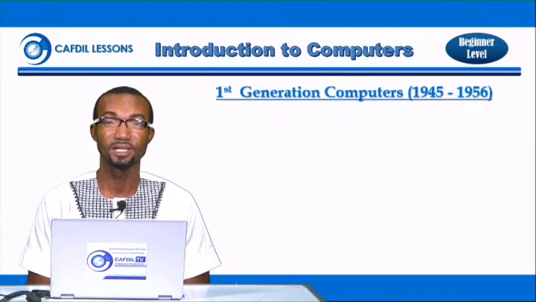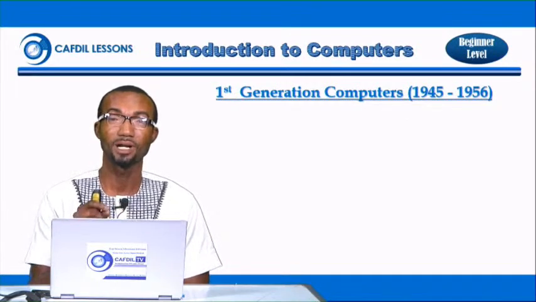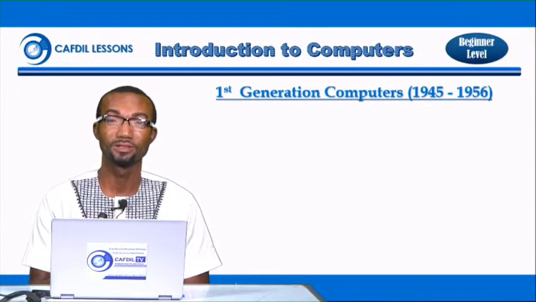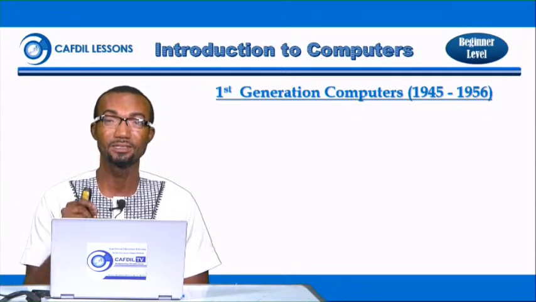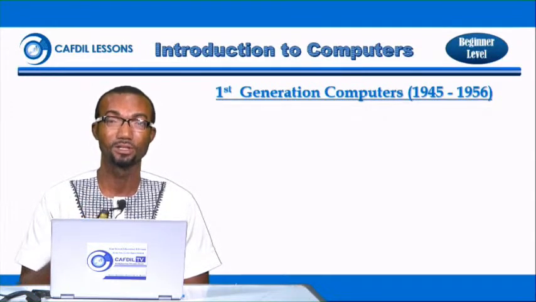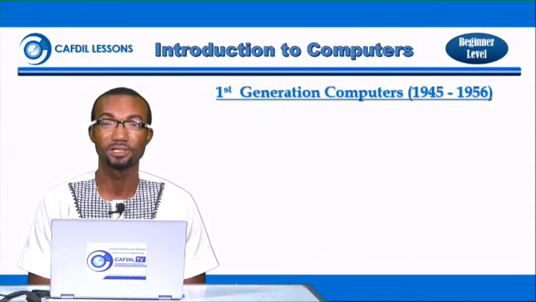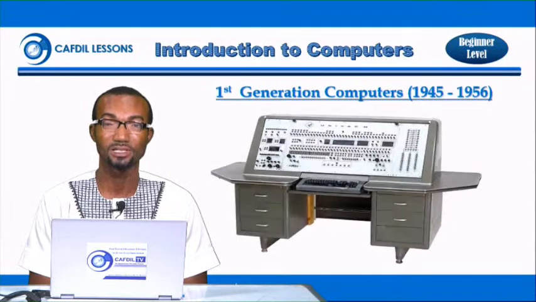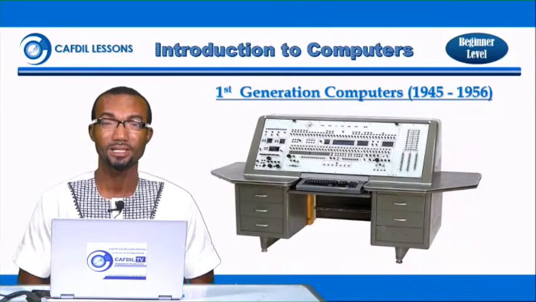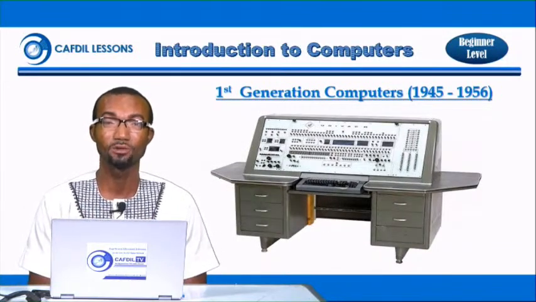Now, the first generation computers came around 1945 and lasted till 1956. That was the period first generation computers were used, from 1945 to 1956. On your screen, this is how the first generation computer looked.